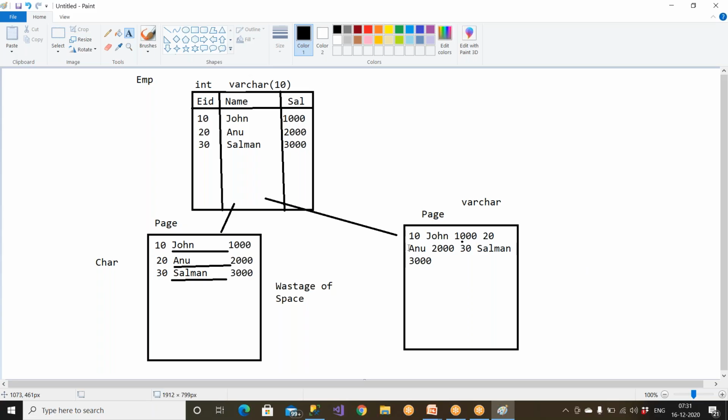When you go in for varchar data, it is not going to leave any space, but here you will have a space. John is 4 characters, the remaining 6 characters will go to waste. Clear? So in the character data, you will waste a lot of space on the hard disk, whereas with varchar data you don't waste. You say 10 John, after that no space is left. Clear? So that is what varchar data is.